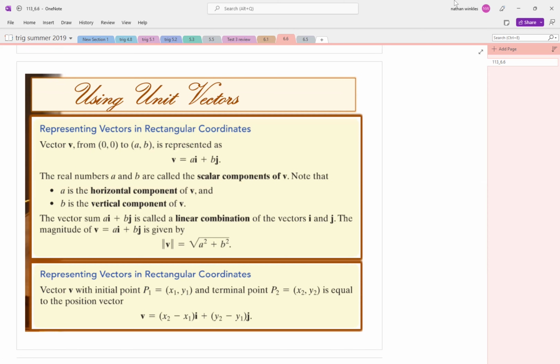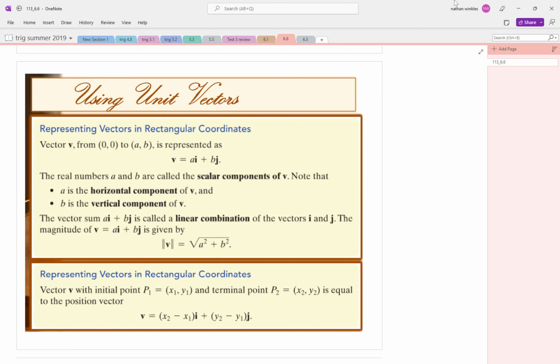Note that a is our horizontal component, like our x direction, and b is the vertical component, like our y direction. So the vector sum ai plus bj is called a linear combination because we're taking into consideration both x and y components, or horizontal and vertical. The magnitude of v equals ai plus bj is given by the magnitude of v equals square root of a squared plus b squared. Very similar to what we've already been seeing in terms of our complex numbers for magnitudes.